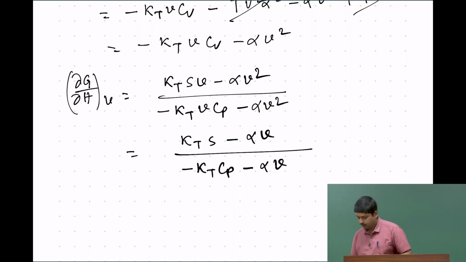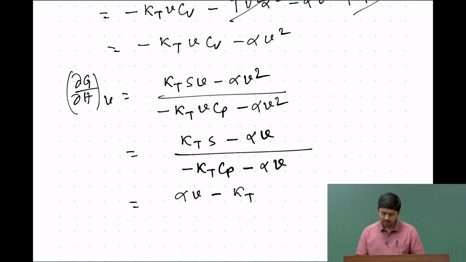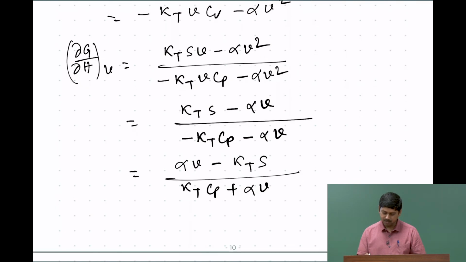Now, if I take minus on both sides, I get alpha v minus kappa T s divided by alpha v plus kappa T C v. Oh, this is C v, not C p.